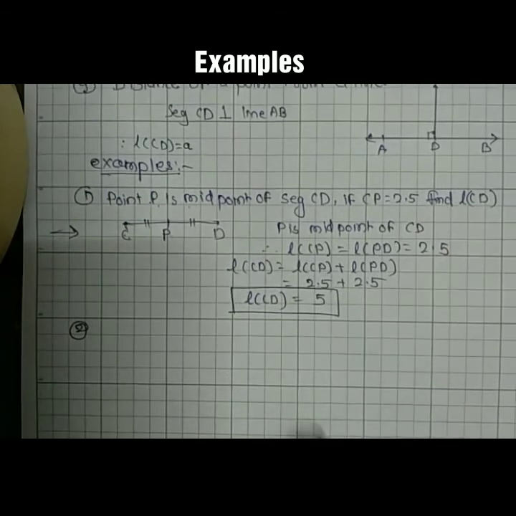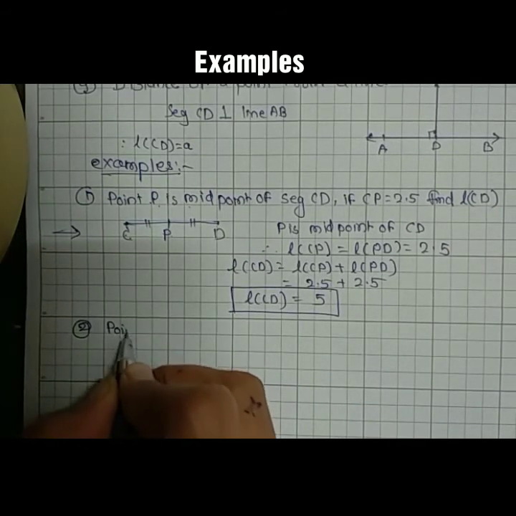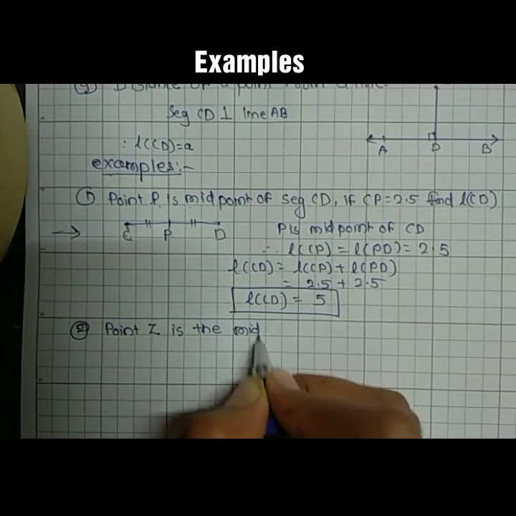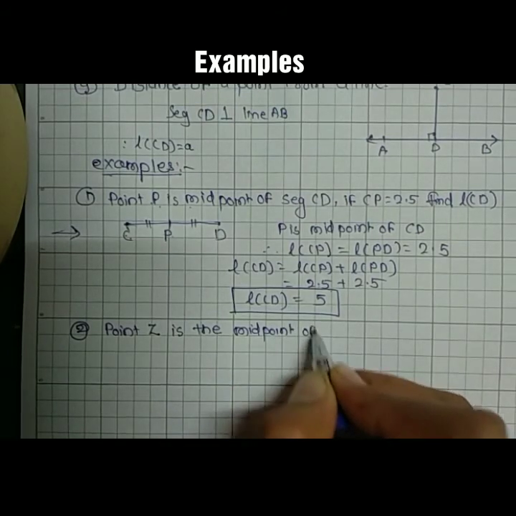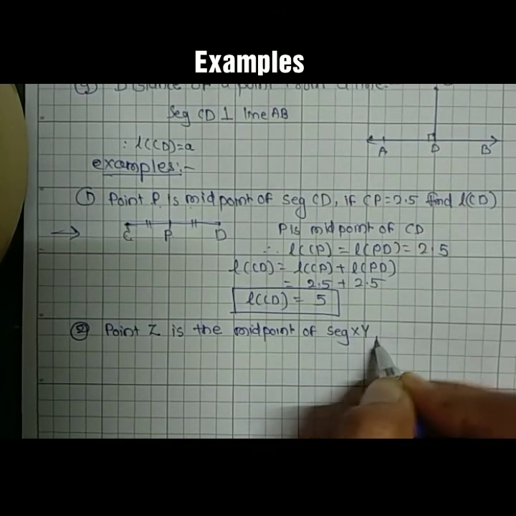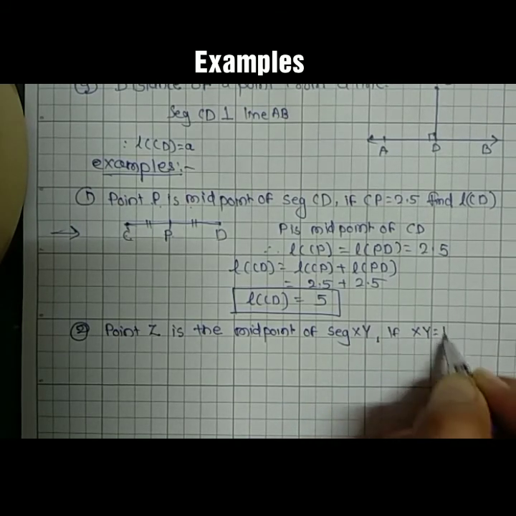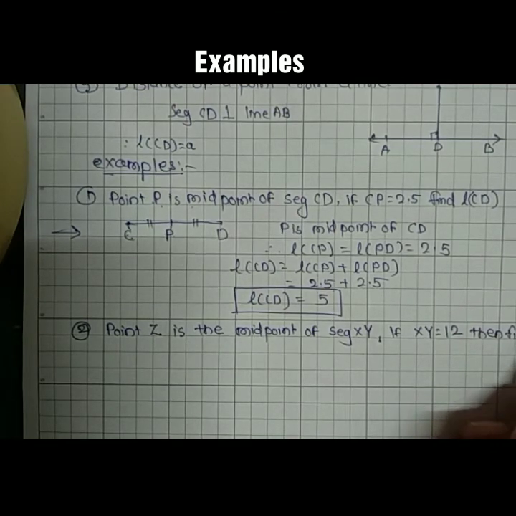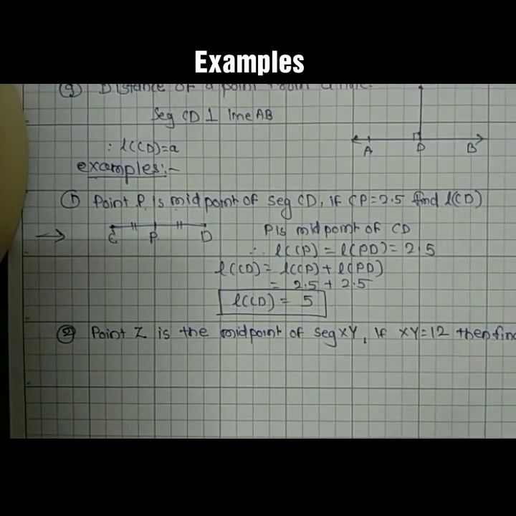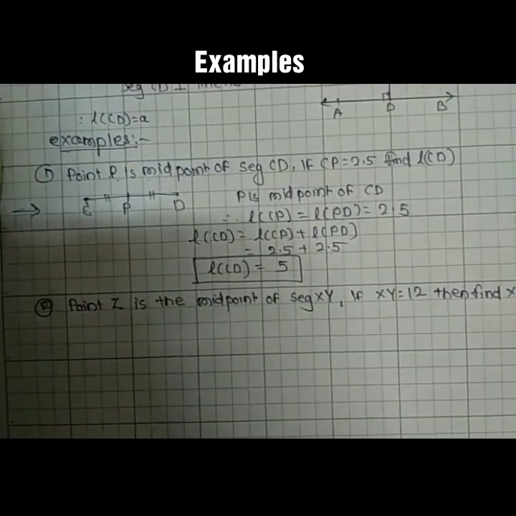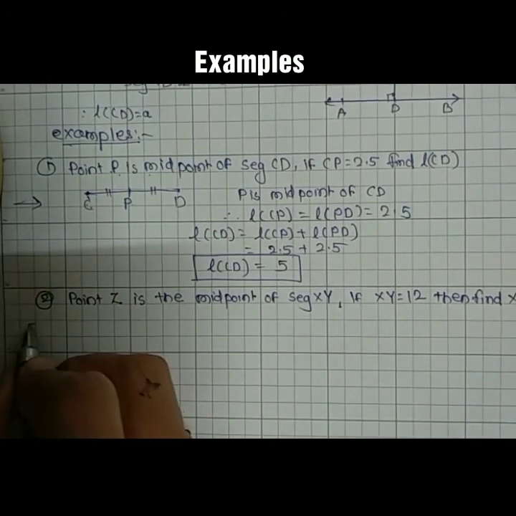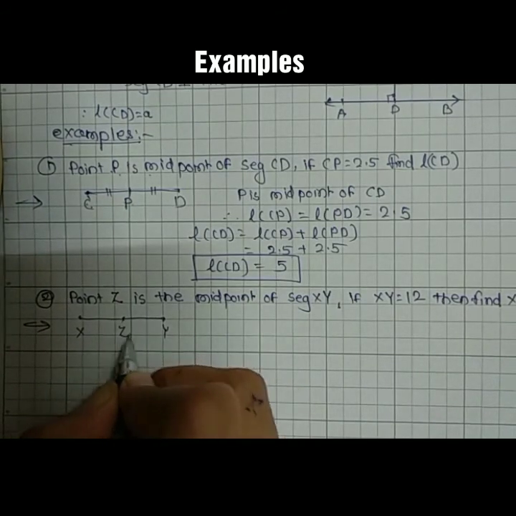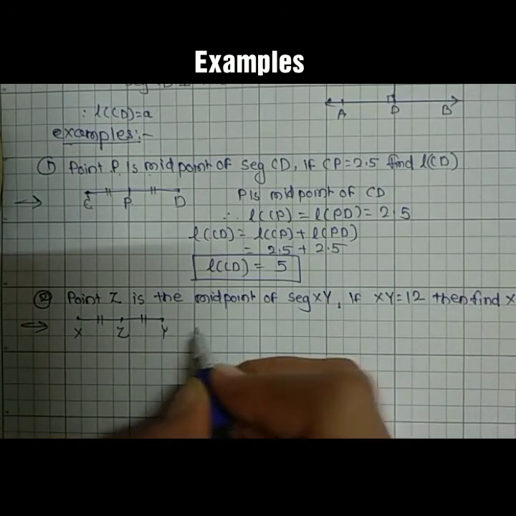Let's see example number 2. Point Z is the midpoint of segment XY. If XY is equal to 12, then find XZ. Z is a midpoint, which means XZ and ZY are equal in length.